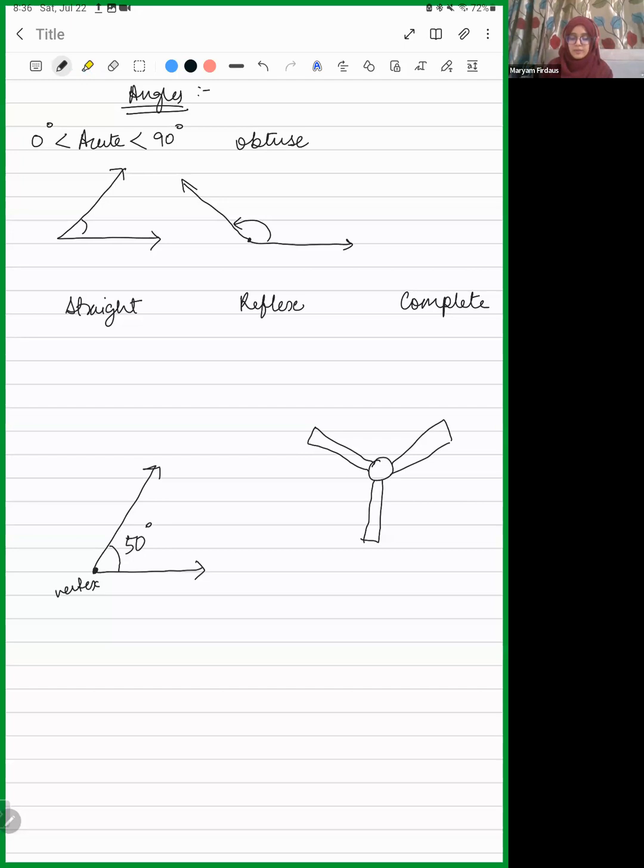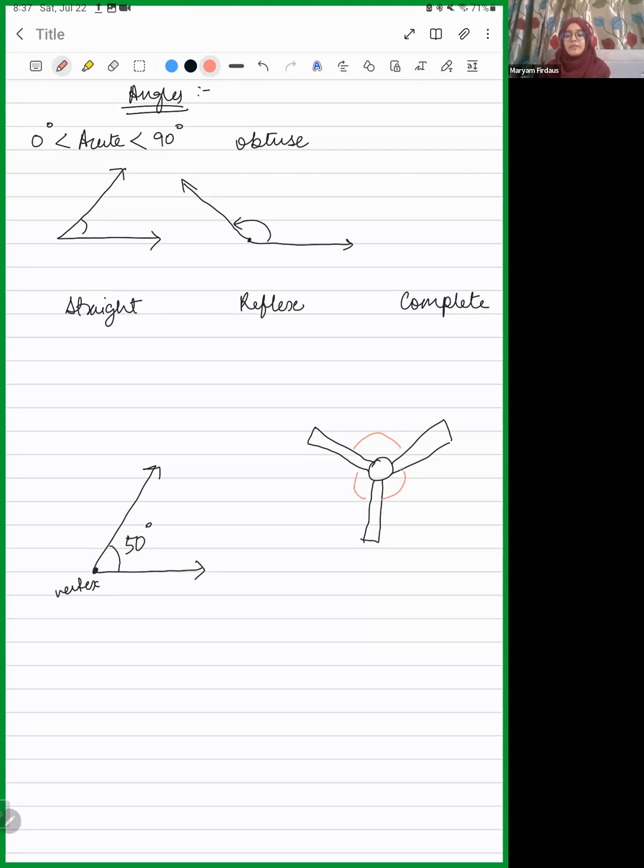Have you ever thought about it? Does anyone know? The angle between the 3 blades, it's all the same, right? We know that this angle is going to be the same as this angle, is going to be the same as this angle. Is it an acute angle or an obtuse angle? Obtuse. Very good. It's an obtuse angle.